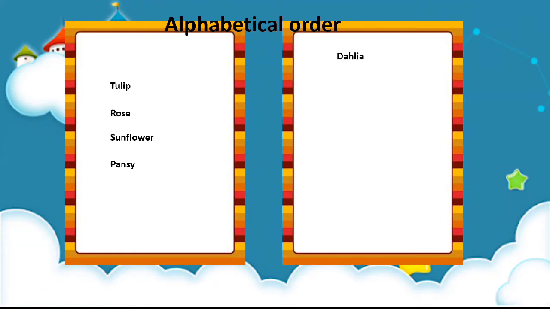Second one is lotus. Third is pansy. Fourth is rose. Fifth is sunflower. And sixth is tulip. Now you can see the first letters are all in alphabetical order.